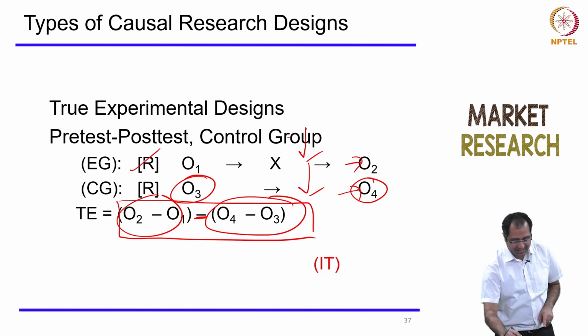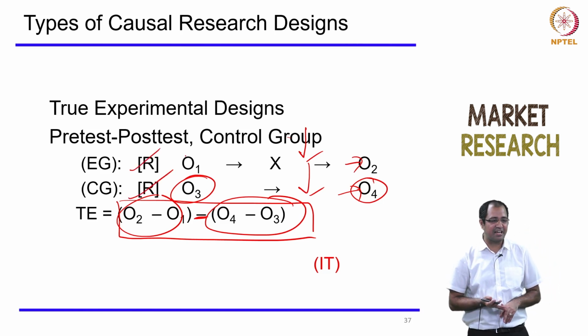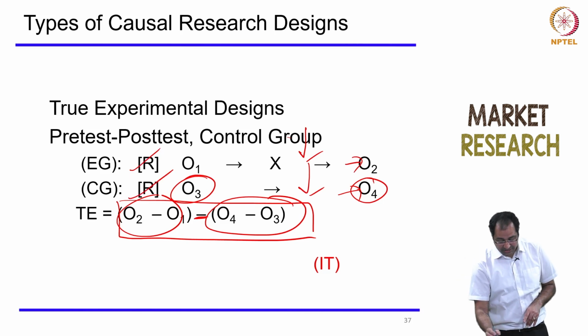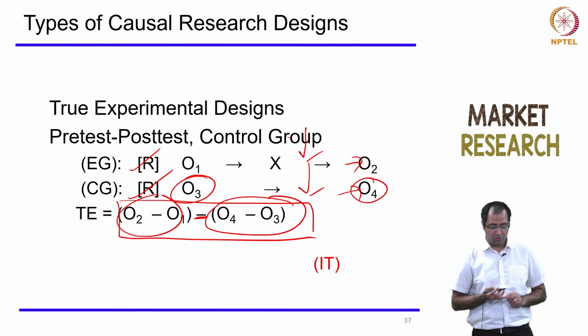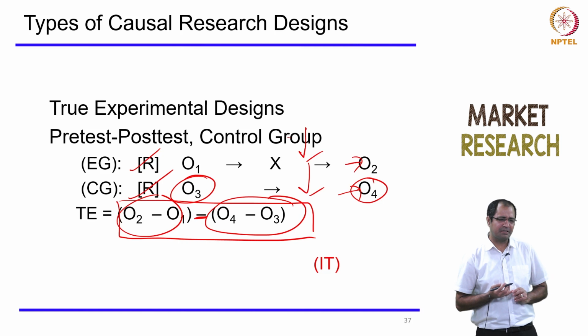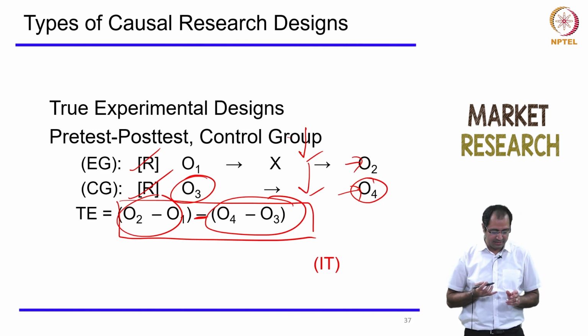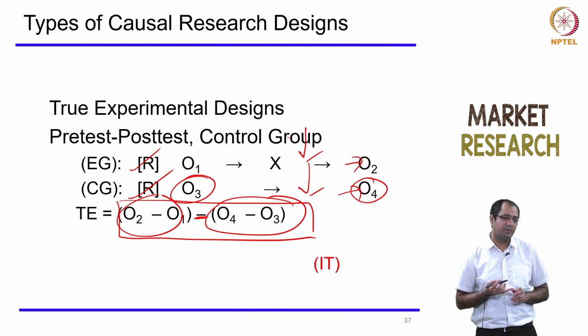When you are using randomization, selection bias gets taken care of. Mortality, though: let's say some people leave the experiment in the experimental group but do not leave in the control group.